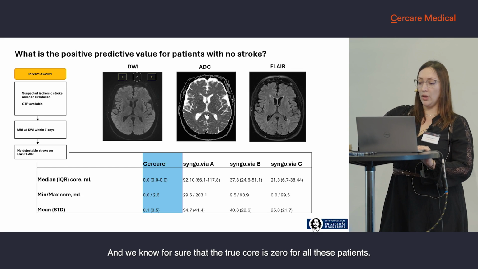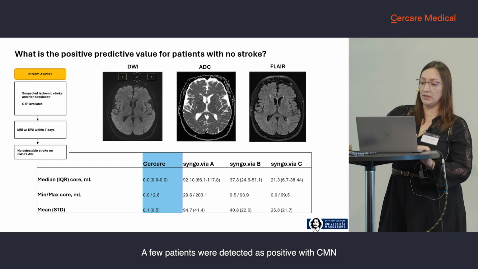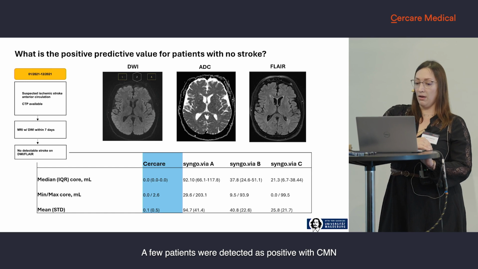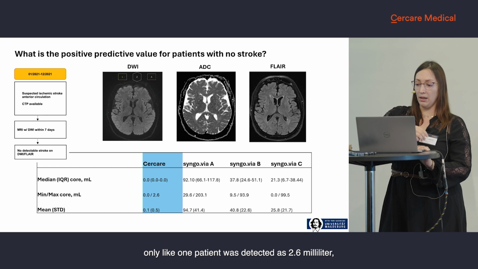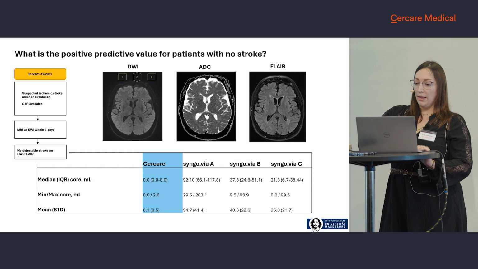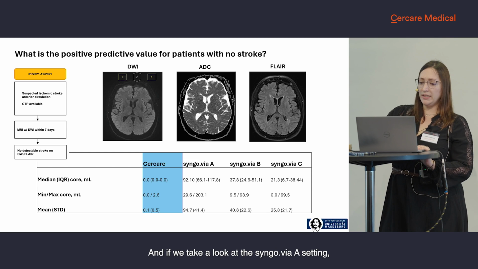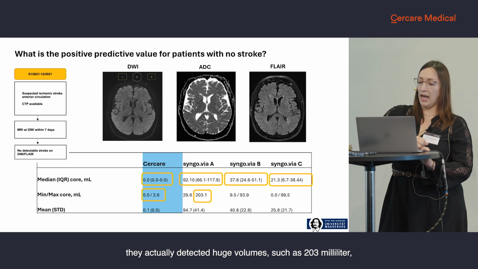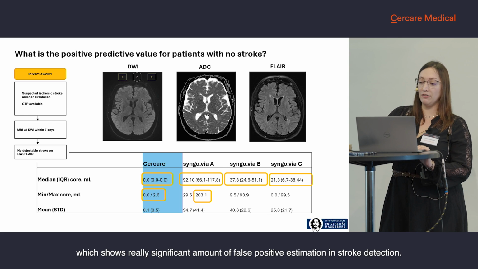A few patients were detected as positive with CMN, only one patient was detected as 2.6 milliliter, which is really much smaller in comparison to the other SINGO settings. And if we look at the SINGO via A setting, they actually detected huge volumes, such as 203 milliliter, which shows a really significant amount of false positive estimation in stroke detection.